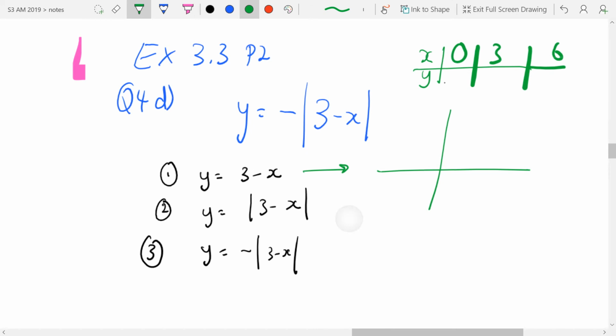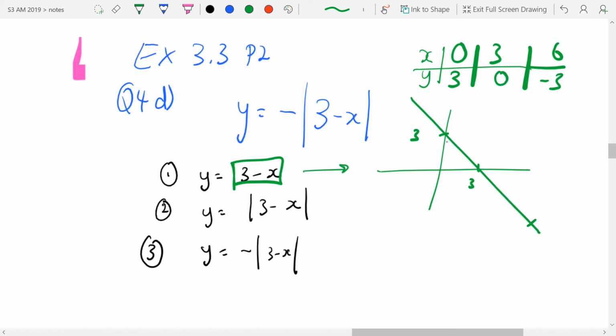So I look at 3 minus x. This will be 3, 0, minus 3, right? Now I draw a line, boom, a straight line. So this is 3, this is 3, this is 6, comma, negative 3.